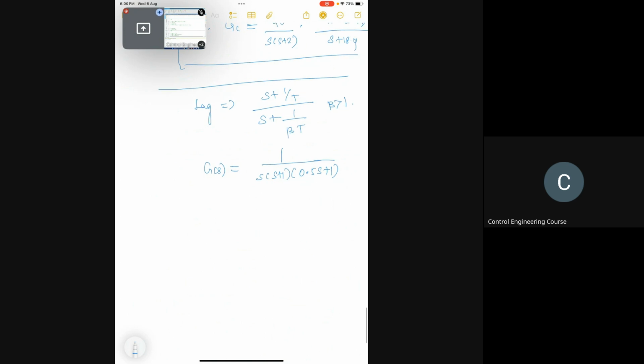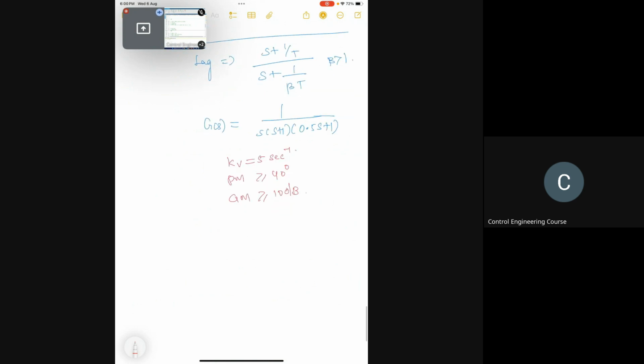Now the specification includes your KV should be 5 second inverse, phase margin should be at least 40 degrees, gain margin should be at least 10 decibels, similar thing.